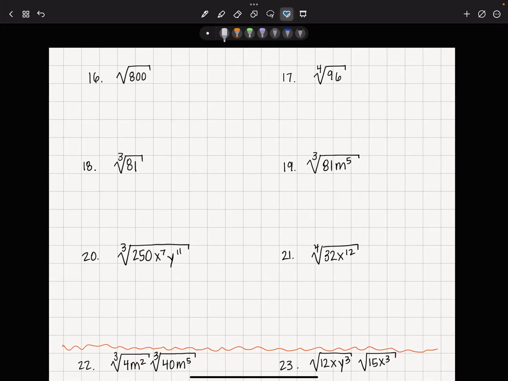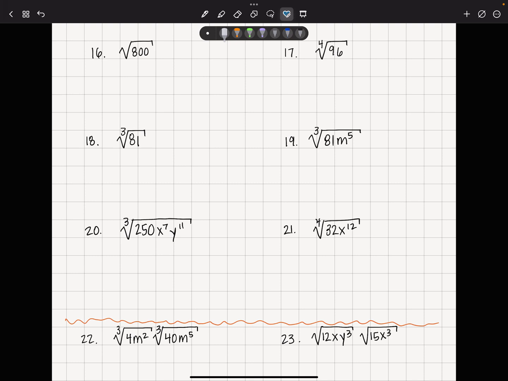Okay, see if you can do number 16. And then we'll talk about 17 through 21 because those are different indexes or indices. So the index is not a square root. We've got 3's and 4's in there. Okay, welcome back.